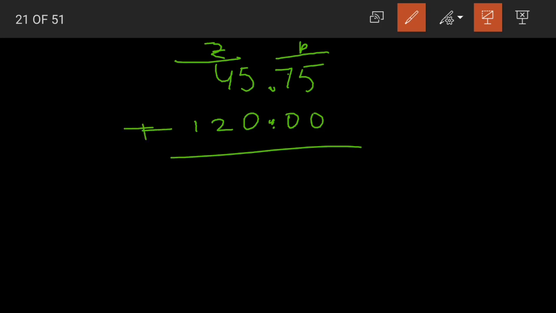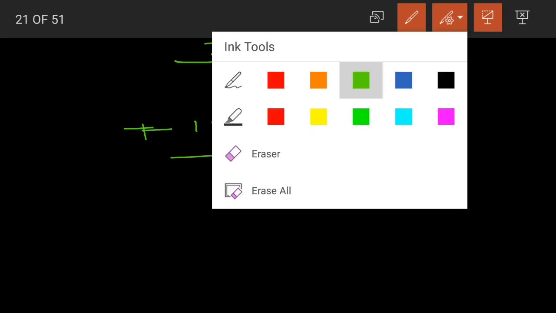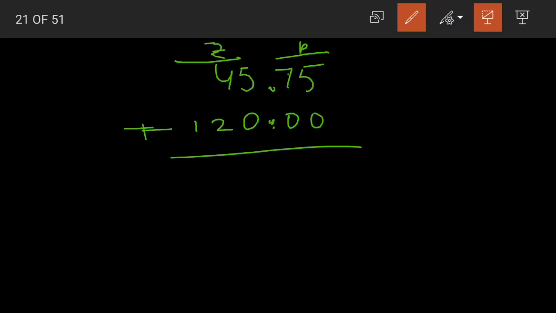Yes, if we add, we'll get the total cost and that much she has to pay. 5 plus 0, 5. 7 plus 0, 7. 5 plus 0, 5. 4 plus 2, 6, and 1. And we should place the point here after 2 digits from the right. So our final answer is 165 rupees and 75 paise.